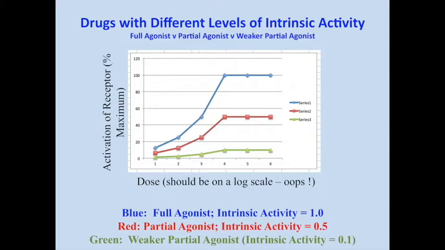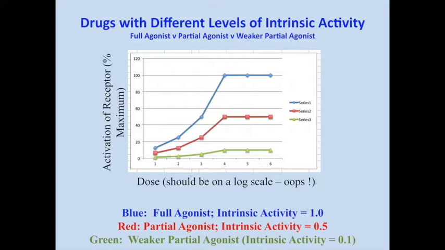And that's the illustration of what a full agonist, a partial agonist, and an even weaker partial agonist would do in terms of effect when there are no spare receptors. We'll get to spares in a second. If it were an antagonist, you'd have a dose-response curve that was at 0 the whole time. And an inverse agonist would go the other way, kind of thing.